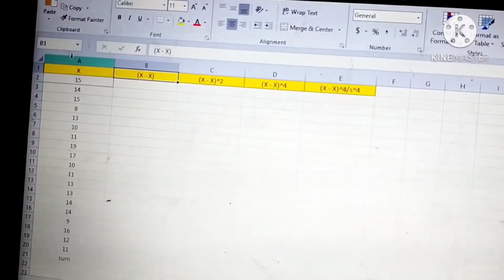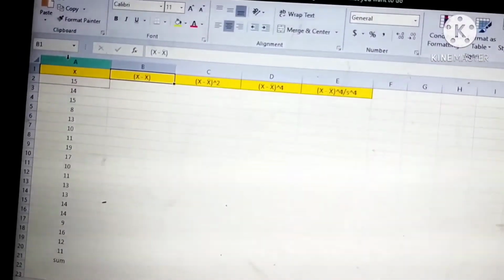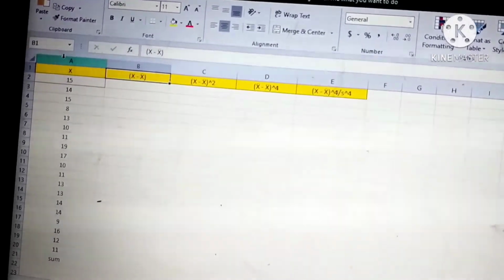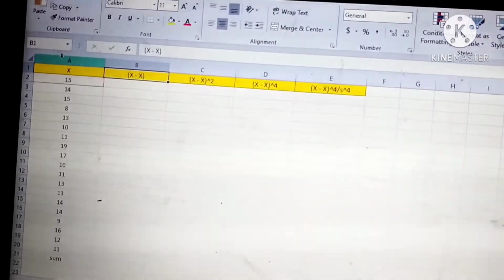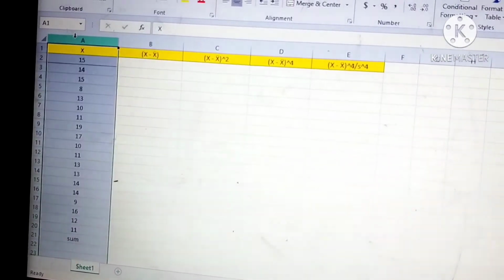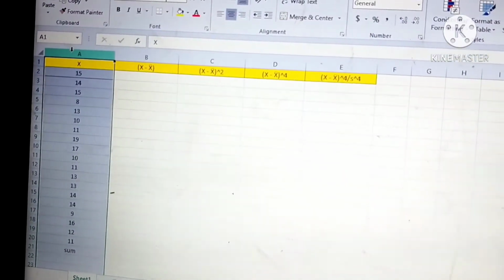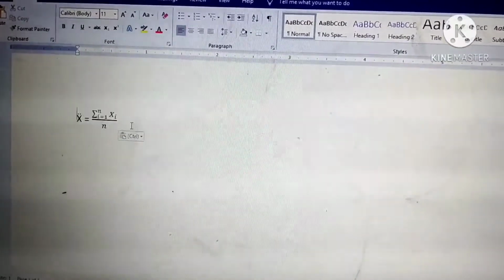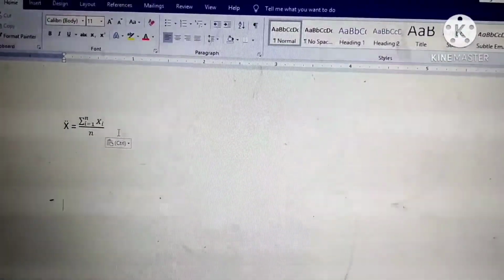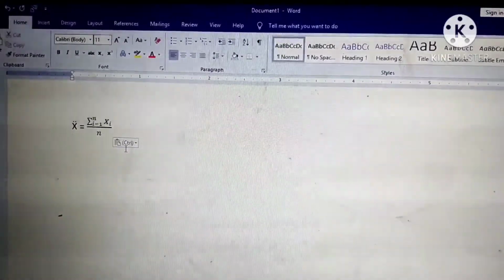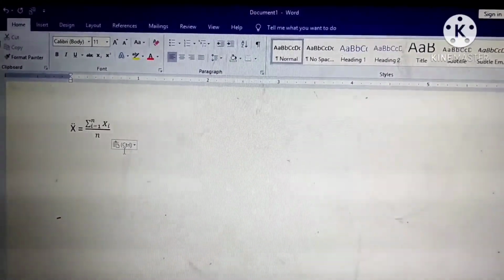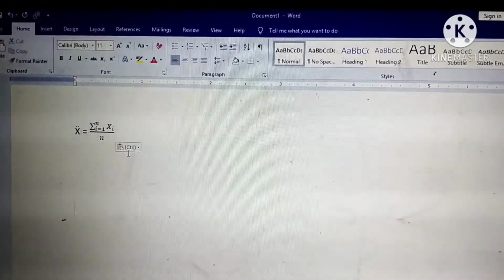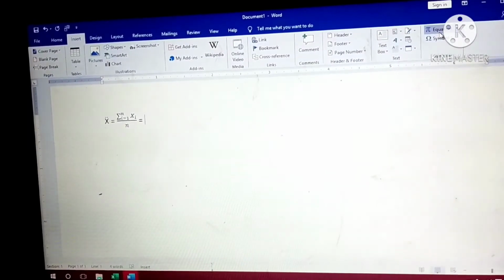Now let's proceed to the next column, which is X minus the mean. In order to find the mean, we are going to add all the data and divide it by the number of the data. So here's the formula in finding the mean, where mean is equal to the summation of X over n, where n is equal to the total number of the data. Substitute the value.